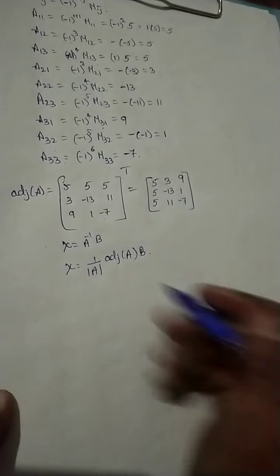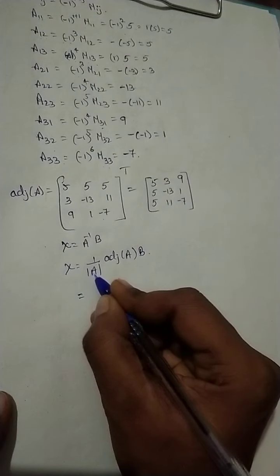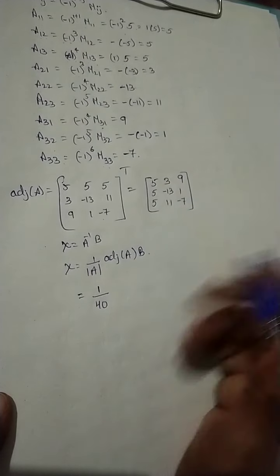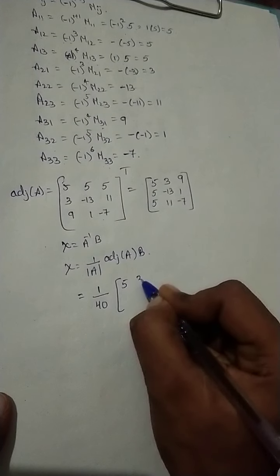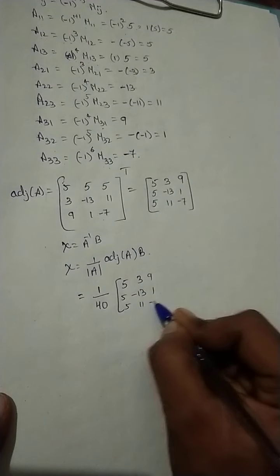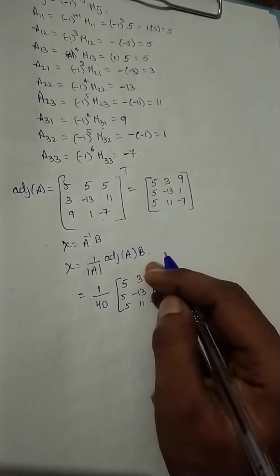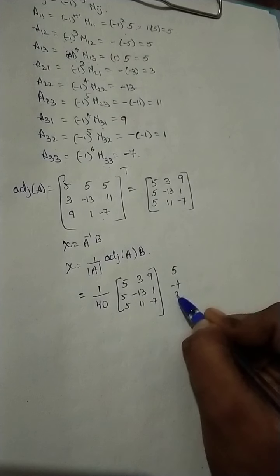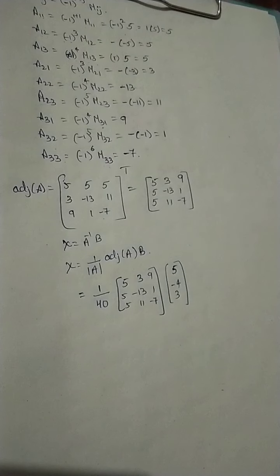The determinant of A is 40. The adjoint of A matrix is this one: 5, 3, 9, 5, minus 13, 1, and 5, 11, minus 7. And the B matrix is 5, minus 4 and 3.